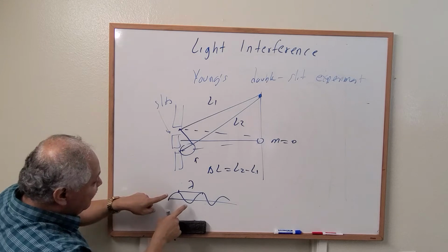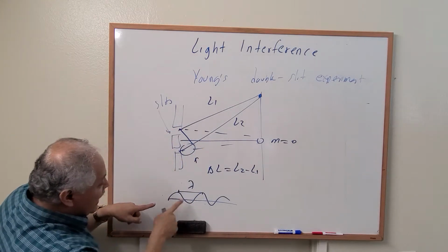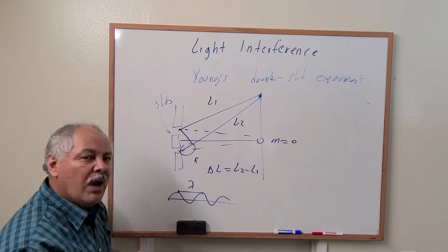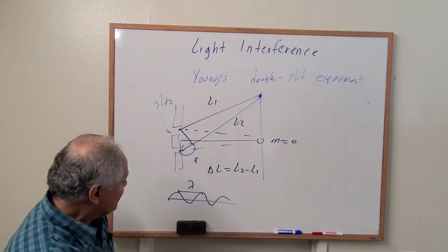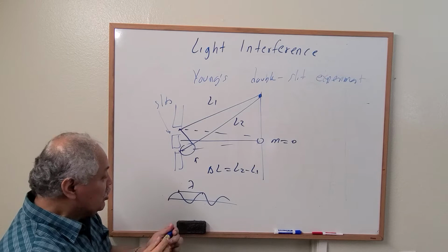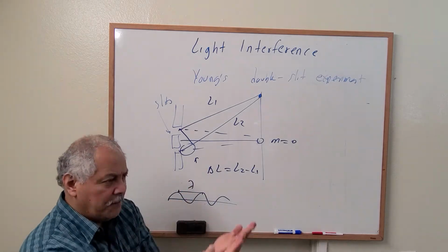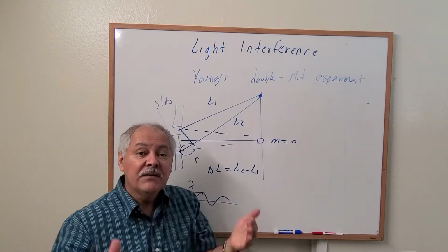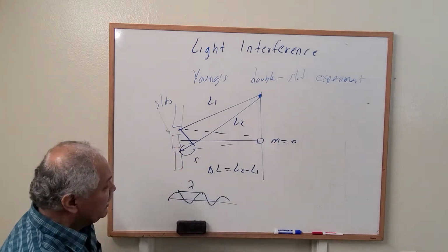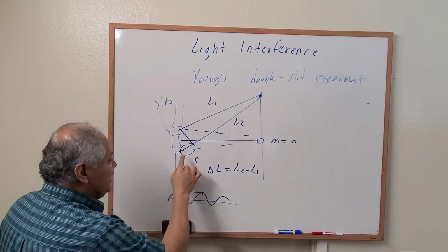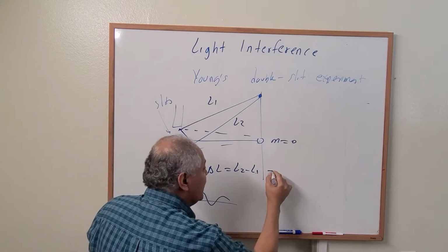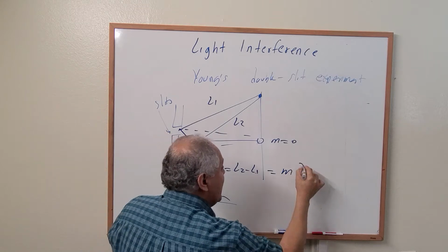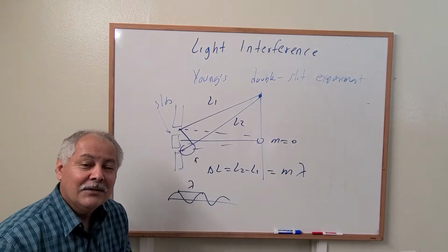If we have these two waves and the difference between them is a whole number of wavelengths, the two peaks, or two troughs, always meet at the same time at that point, so we create a constructive interference. So again, what is the condition? That difference must be equal to a whole number of lambdas, of wavelengths.